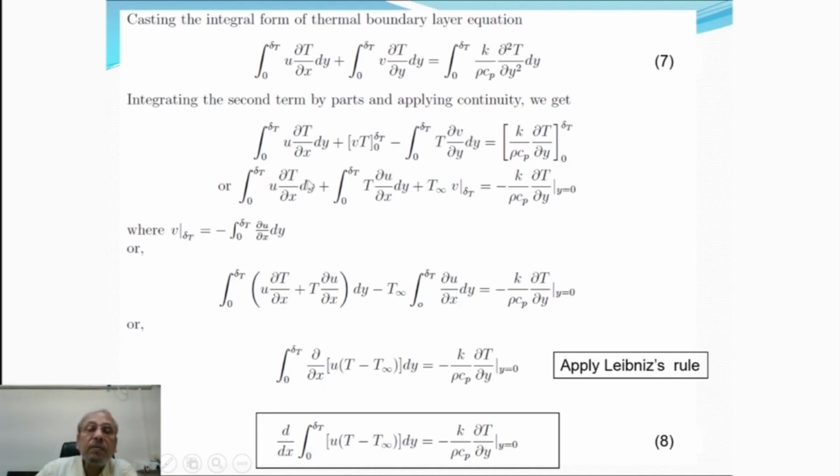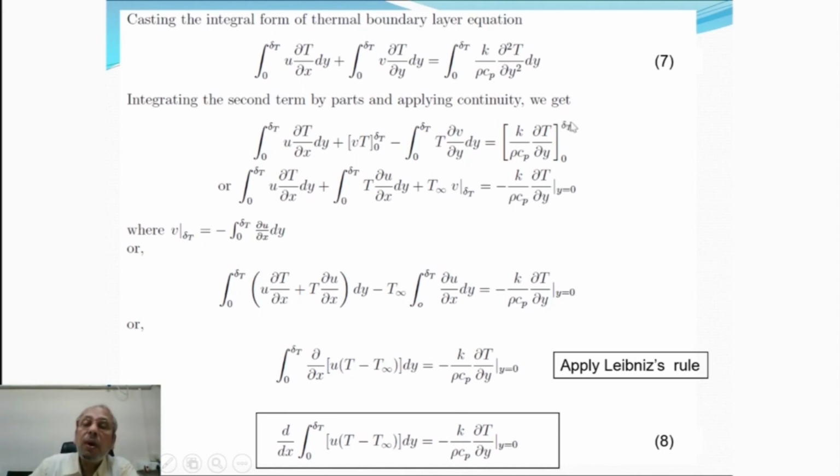So this minus sign becomes plus, 0 to delta t, t del u del x dy. So these two terms we have written equal to minus k by rho Cp del t del y. Again, the temperature profile at the edge of the boundary layer is such that del t del y is 0.